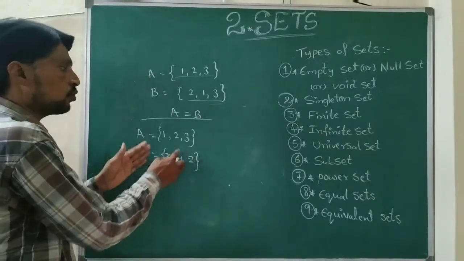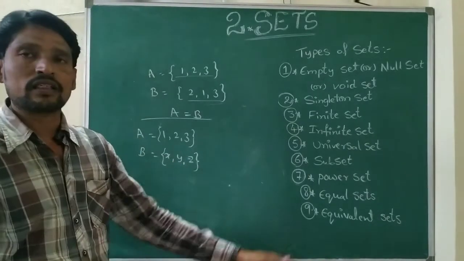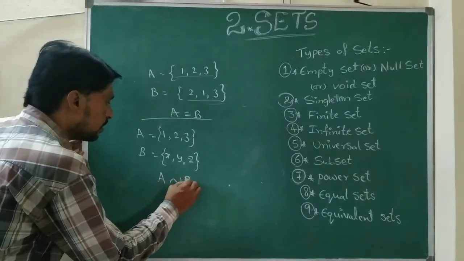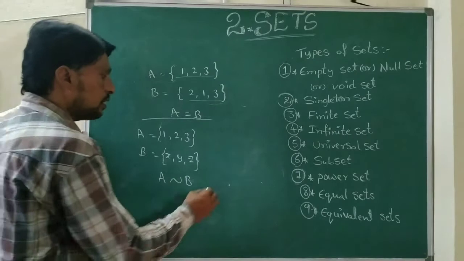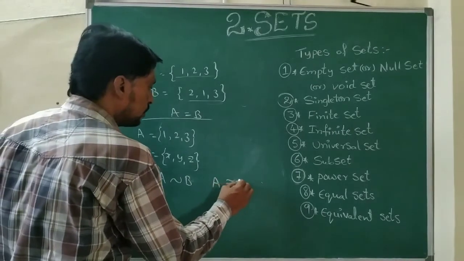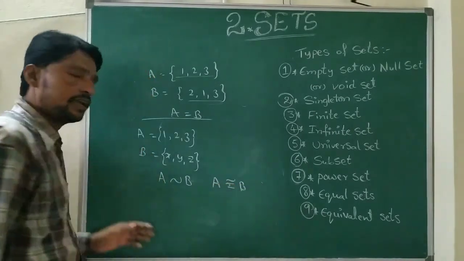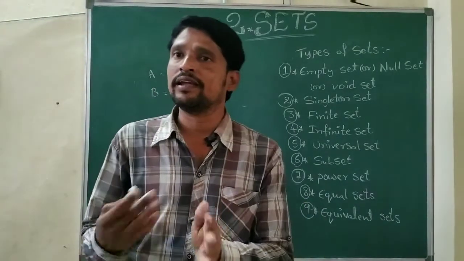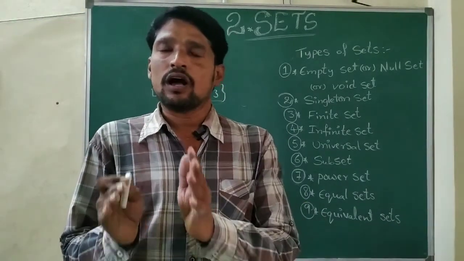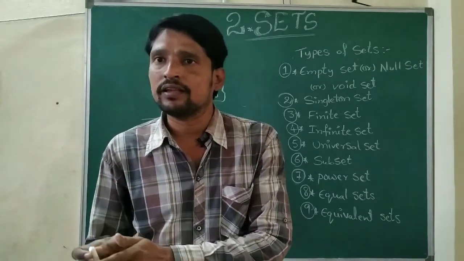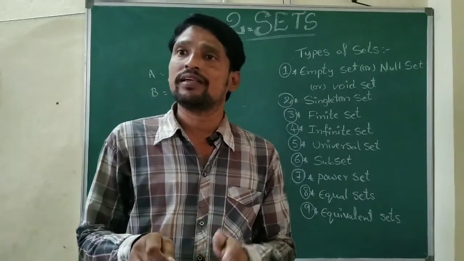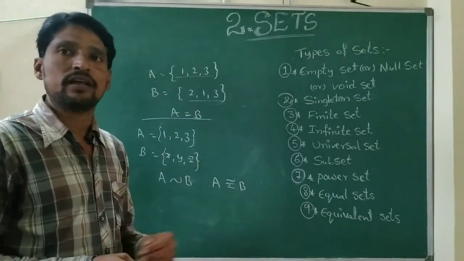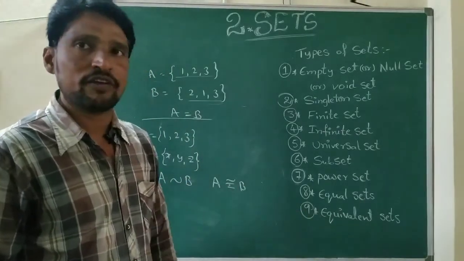Only the number of elements matters. So these two sets are equivalent sets, denoted by A equivalent to B. Two sets are said to be equivalent if the number of elements in the sets are equal.